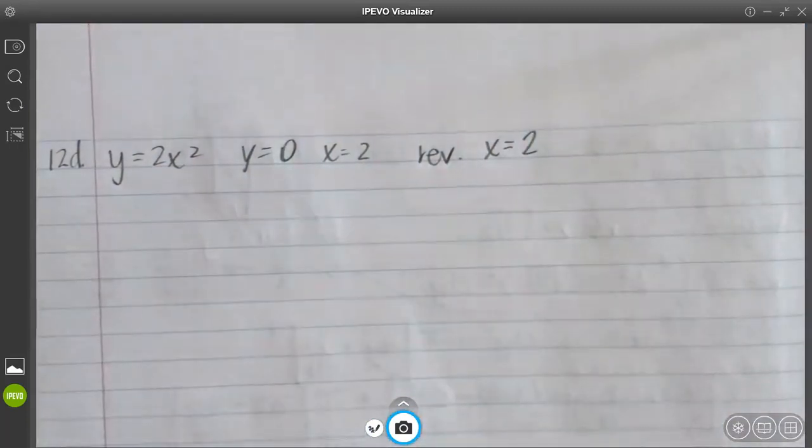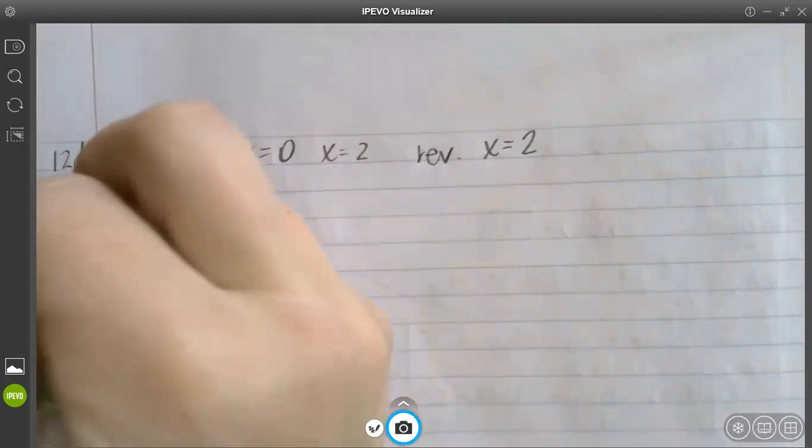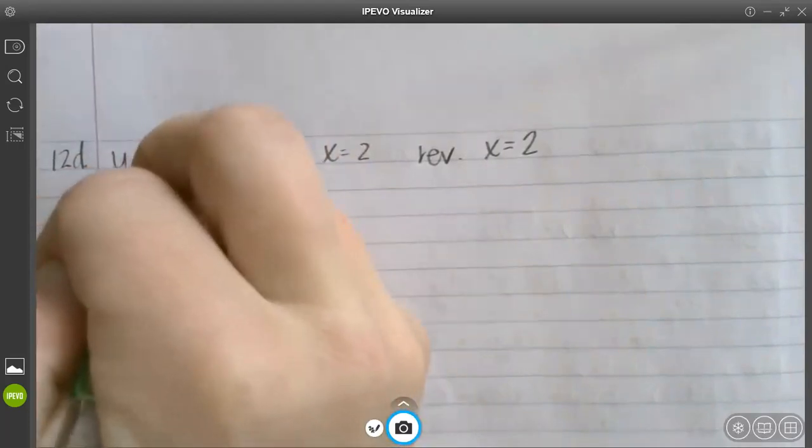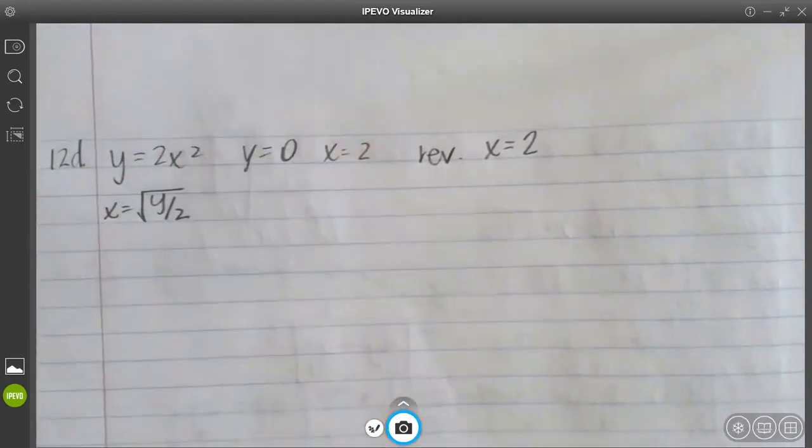I wrote that on most of them, but not on these. So x equals 2 is what kind of line? It's a vertical, so I need to put everything in terms of y. So what do I need to do to my function? We already did that, so we don't have to do the extra work for it.